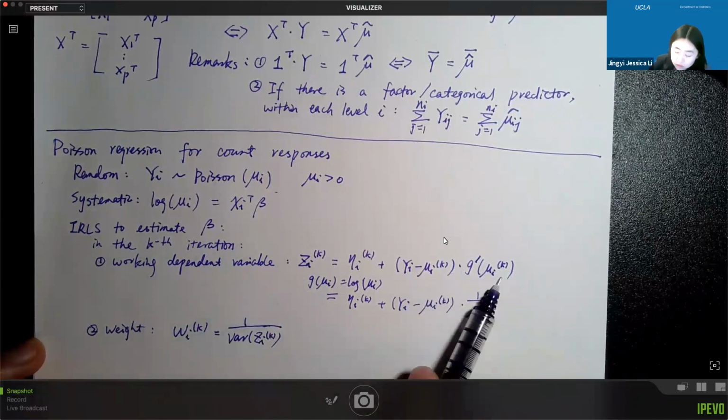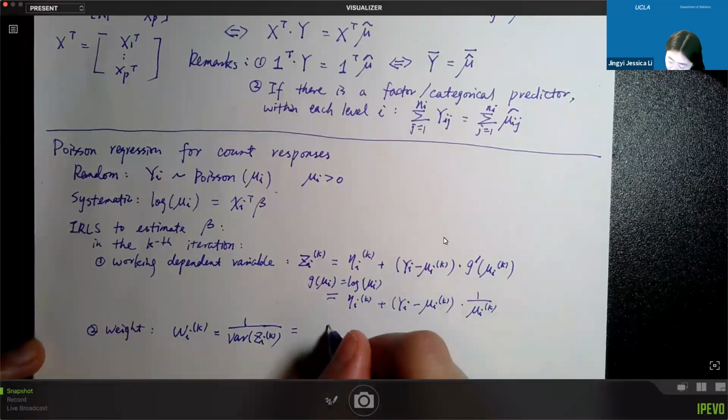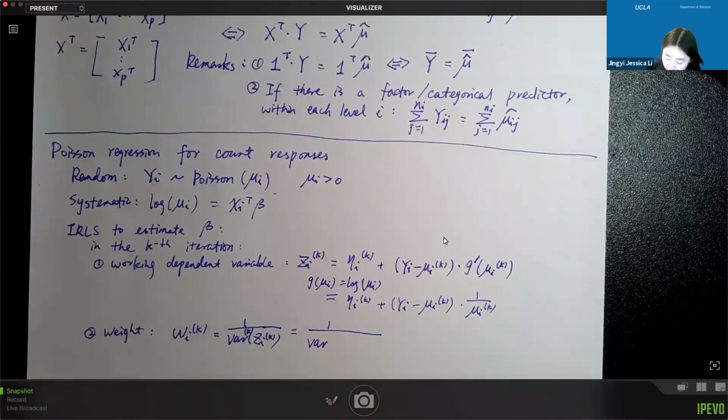To be more precise, the variance itself involves the parameters, so I should put k as a superscript for the variance, because it is not a parameter-free thing.